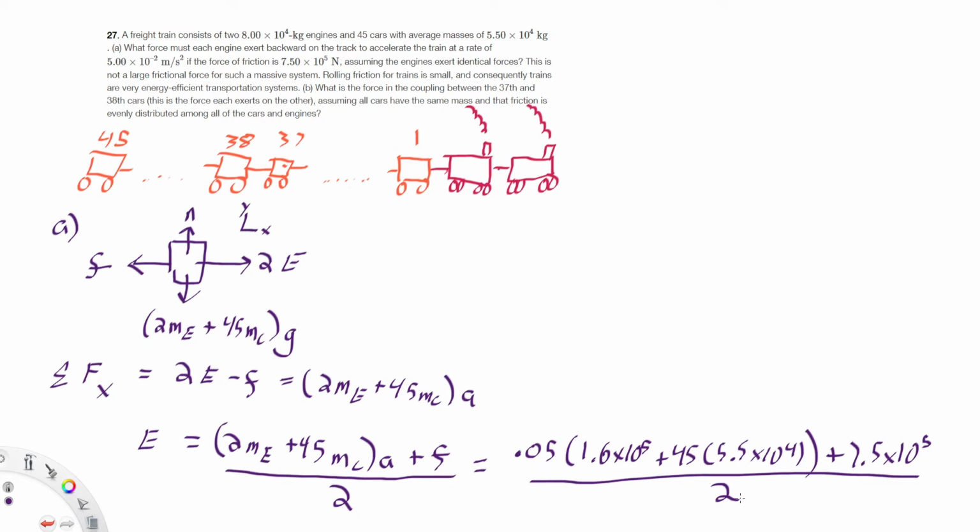Anyone have a number? The 0.05 is 5 times 10 to the minus 2.